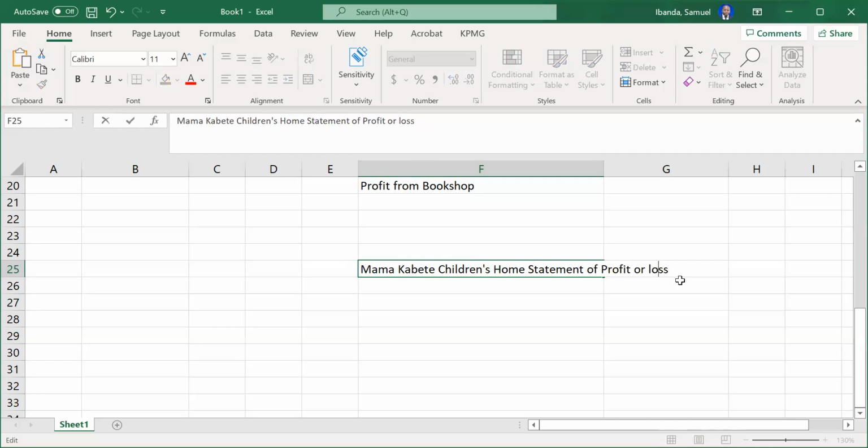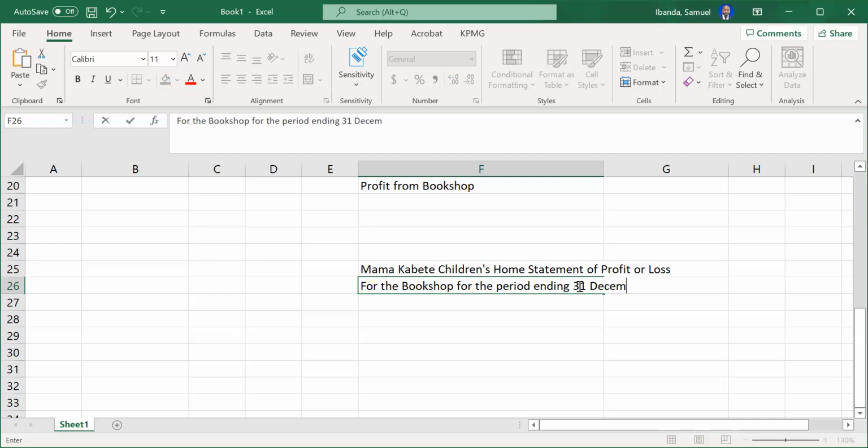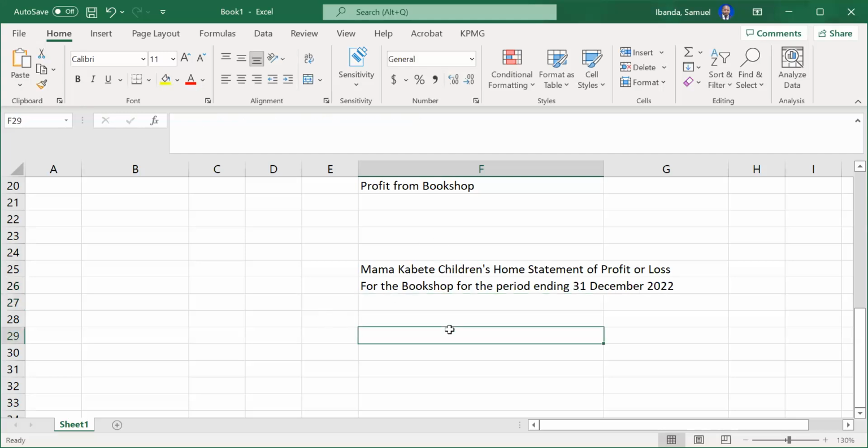Statement of profit and loss. This is for the bookshop. Remember the heading for statement of profit and loss, we say for the period ending 31st December 2022. So that is my heading.